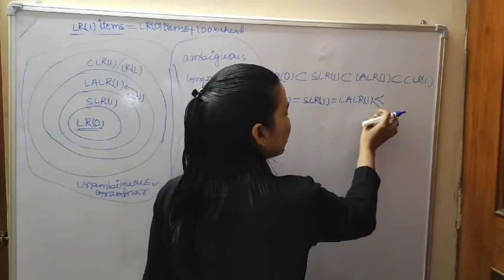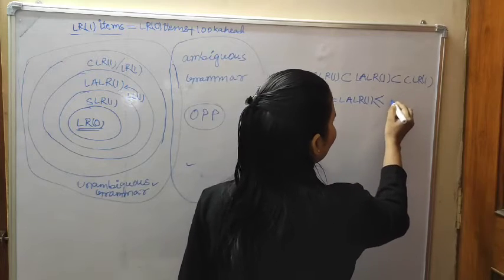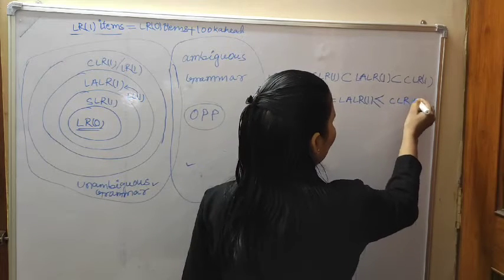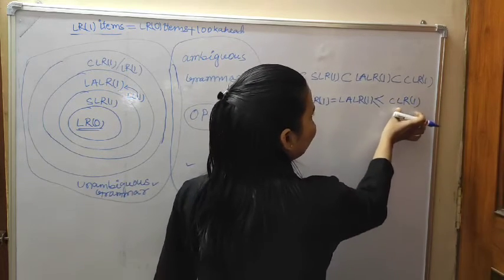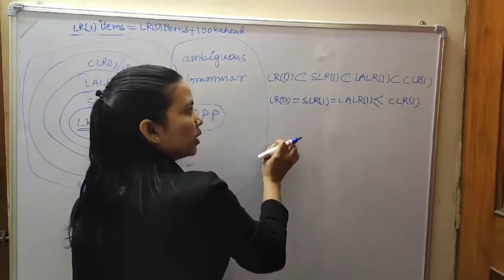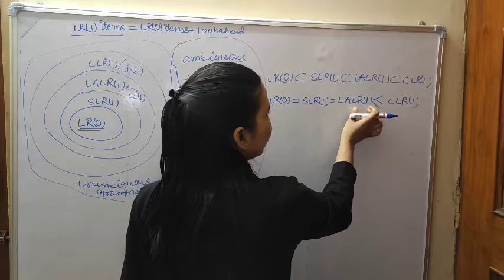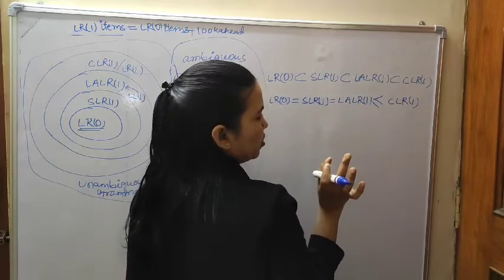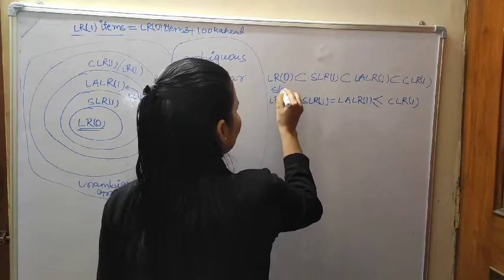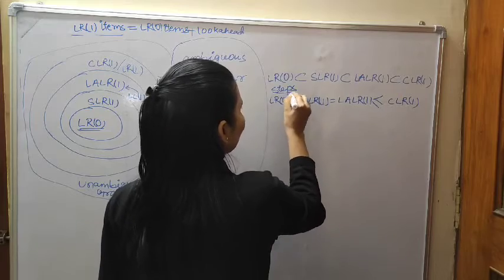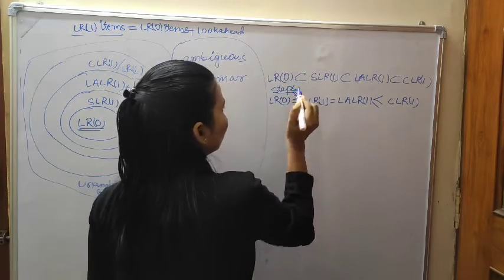That is why many times it is less than or equal to the CLR1 items. If we write CLR1 here, it is greater than. Okay, LALR1 has come because LALR1 is less than the CLR1 steps. It is step wise. If you go step wise, this is the root.